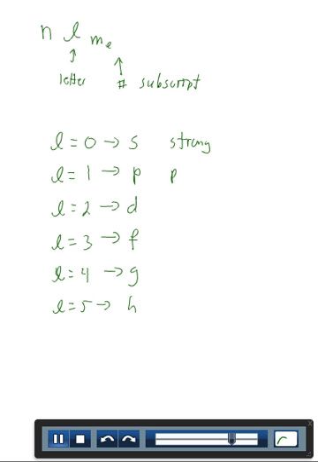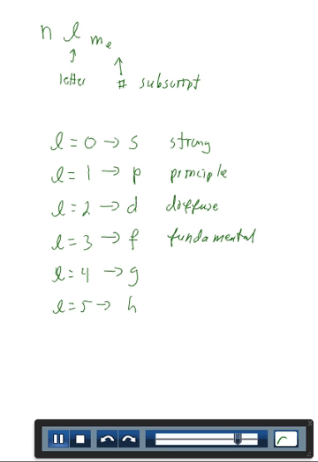And so these names were just based on the way they looked experimentally. So S for strong, principal for P, diffuse for D, fundamental for F. And then they stopped using names, just went alphabetically.